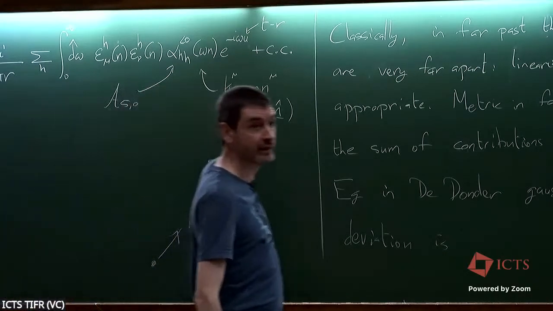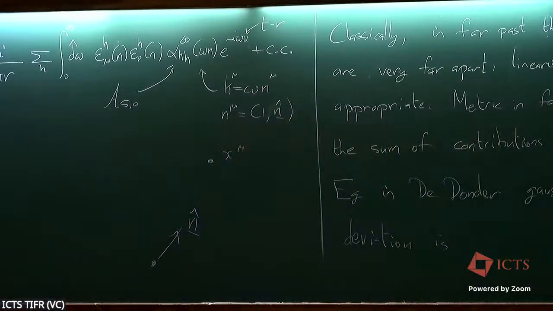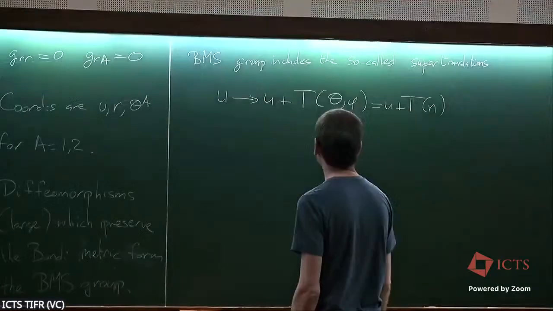So I can package up all of my angular dependence in the n, and that's going to be the useful way for me to do this, because I'll then be able to derive formulae that match the formula on the left. Okay, now under a super translation, these functions stay the same, but these other functions shift around, and in particular, the shear transforms.